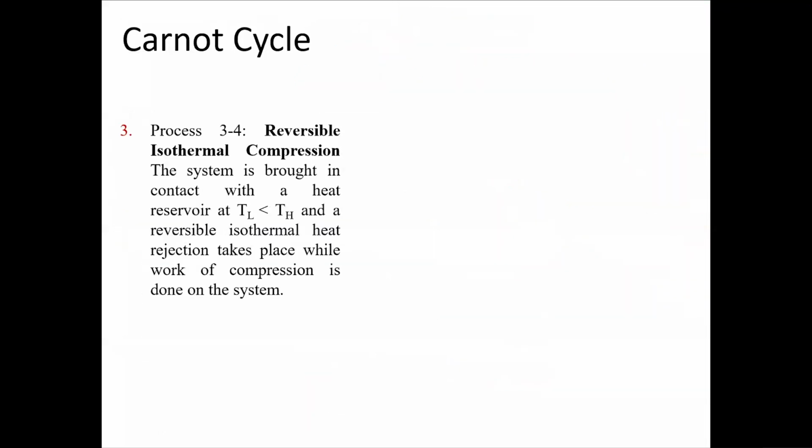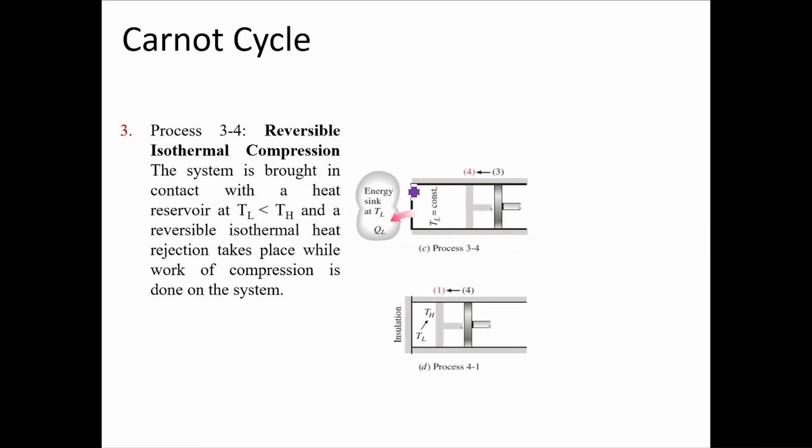Now, if we go back and look at the remaining half of the cycle, we start compressing it. Again, we have removed the insulation and we start compressing the system from 3 to 4. As we compress, we are doing work on the system. As a result of this work being done, the temperature TL would go up to TH. But we'll bring a sink which is at TL.